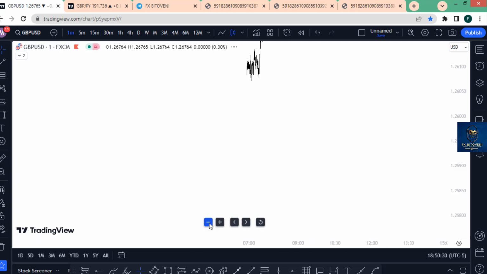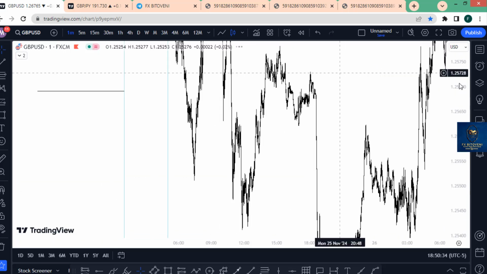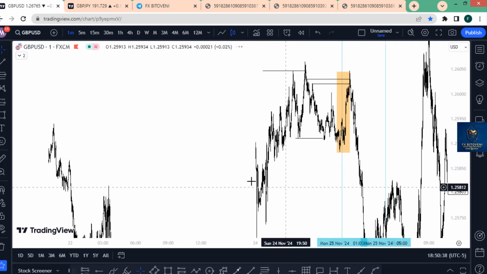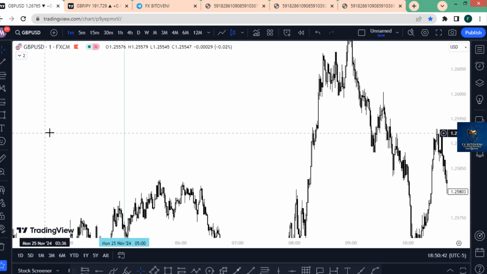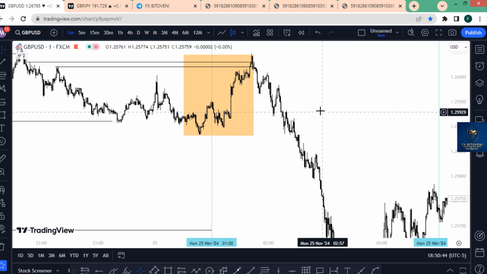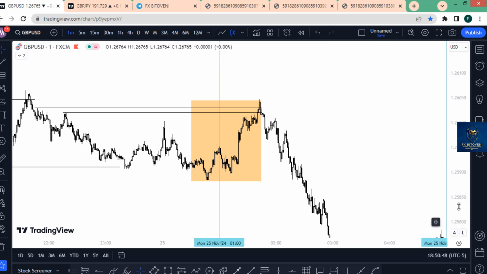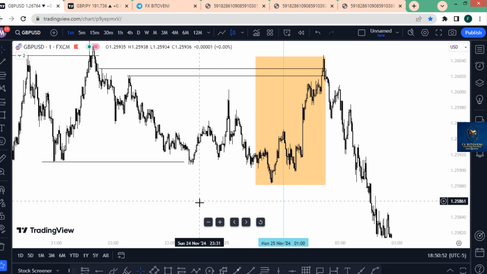Let's see if you get the charts of seeing that price action. Now as price is pushing higher, so we have what?